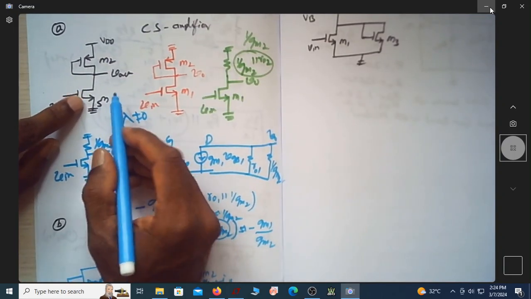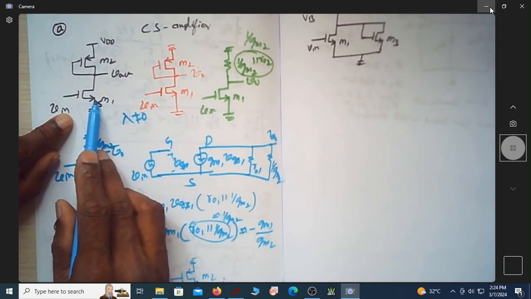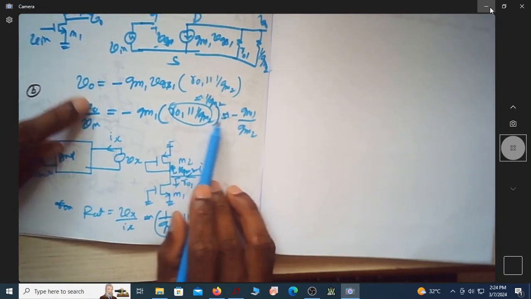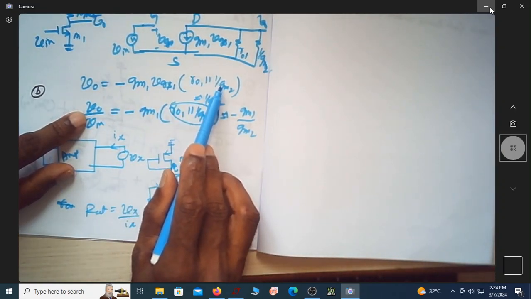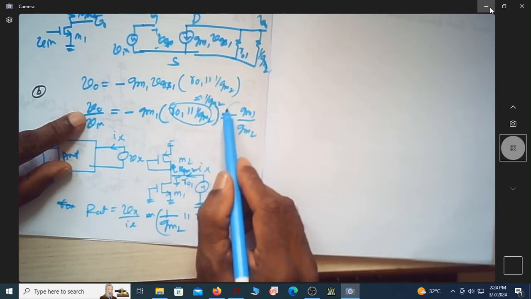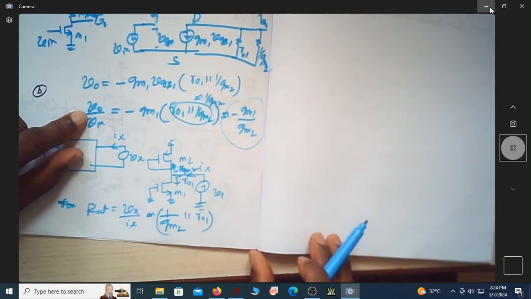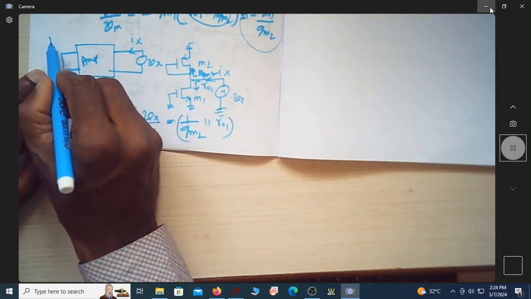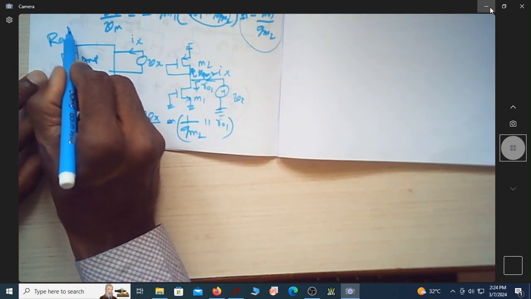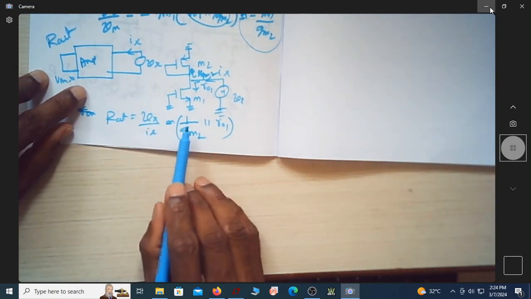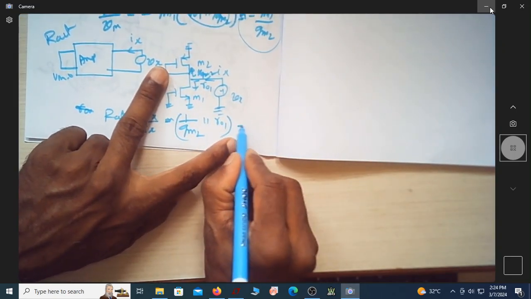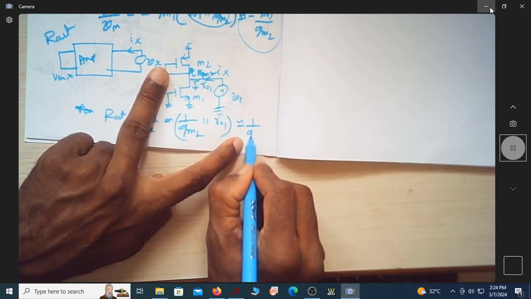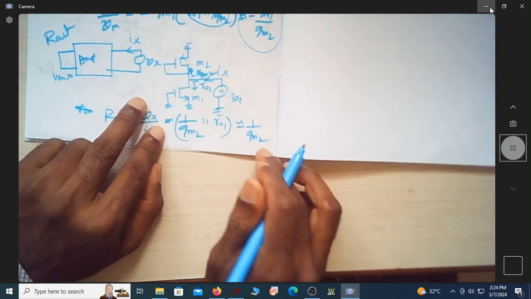So for this circuit, the gain is minus gm1 times r01 in parallel with 1 over gm2, which approximately comes out to be minus gm1 by gm2. The Rout happens to be 1 over gm2 parallel with r01. Approximately, this is almost equal to 1 over gm2. This is Rout.